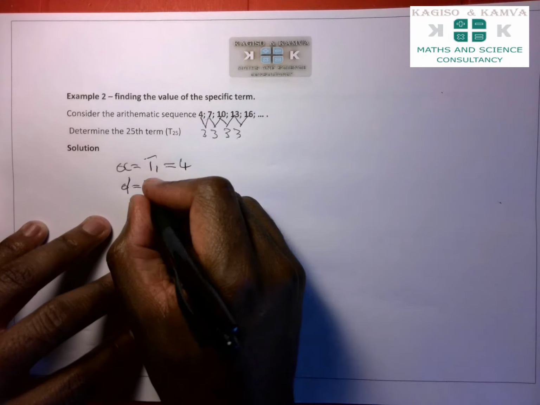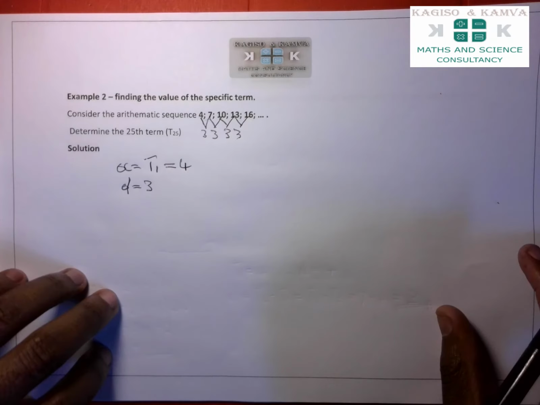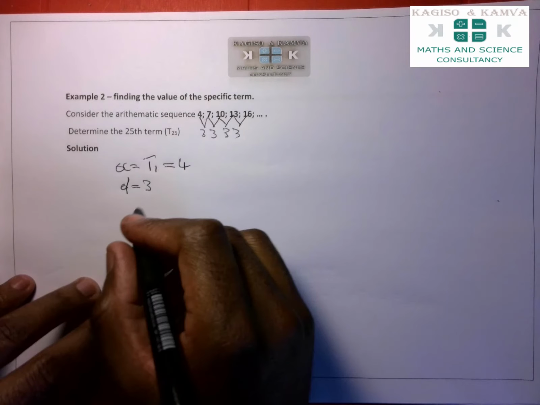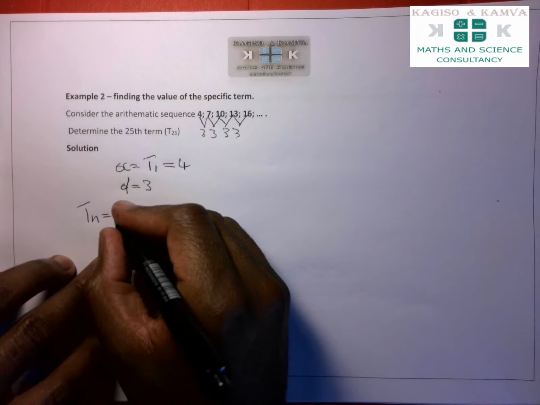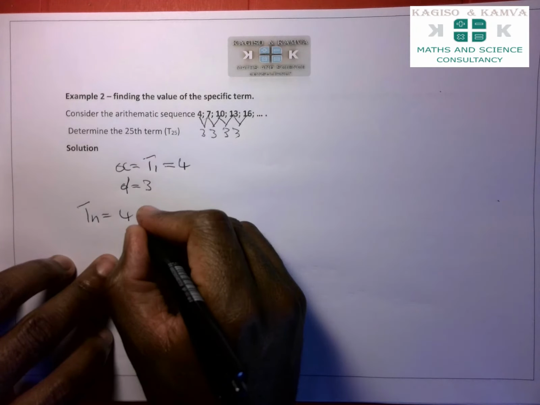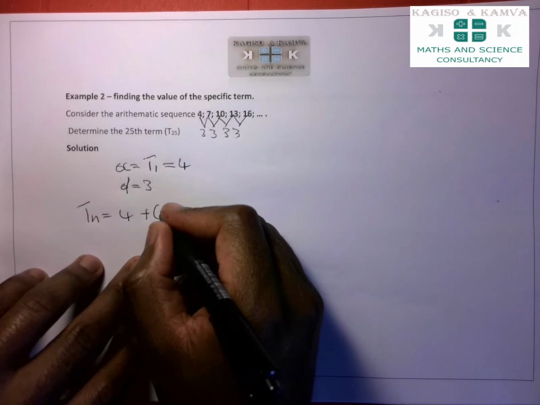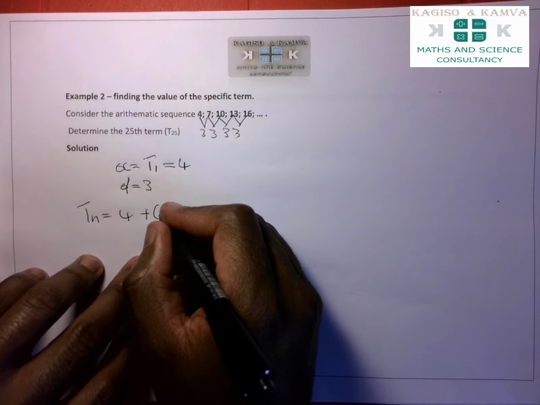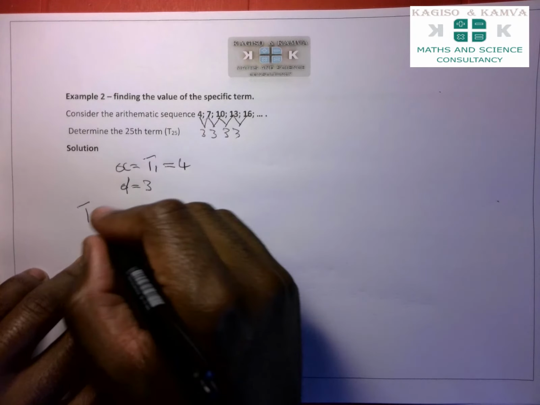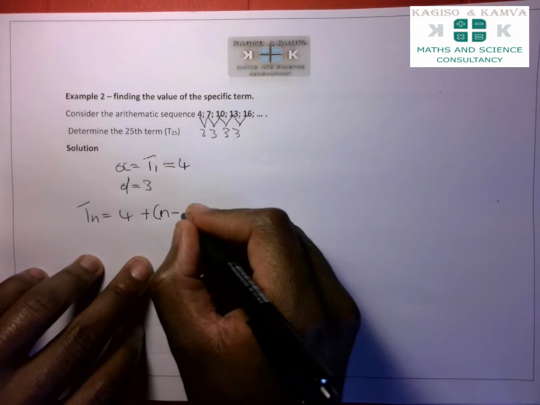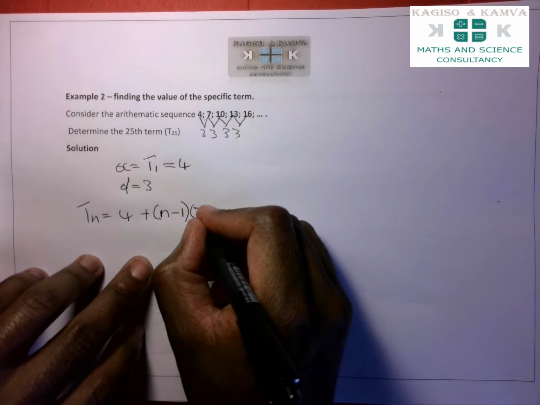Now we first need to find the general term. Our general term from the previous example, we did it like this: Tn is 4 plus (n minus 1) d, where d is 3, and this is going to be equal to Tn.